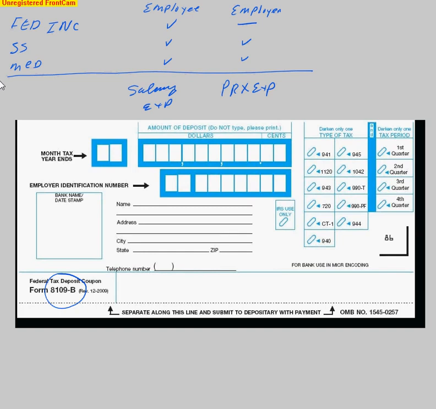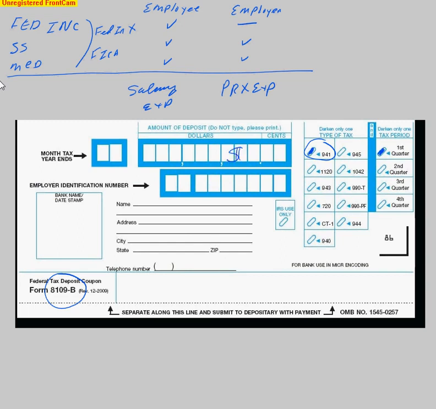But the coupon we need to use is the 8109. The type of tax that we're paying, well, this one here is what we're going to use to pay these 3 taxes. This is the FICA and the Fed income tax. So 941, and let's just say for the sake of keeping it simple, we're paying the first quarter's worth of taxes that we owe.